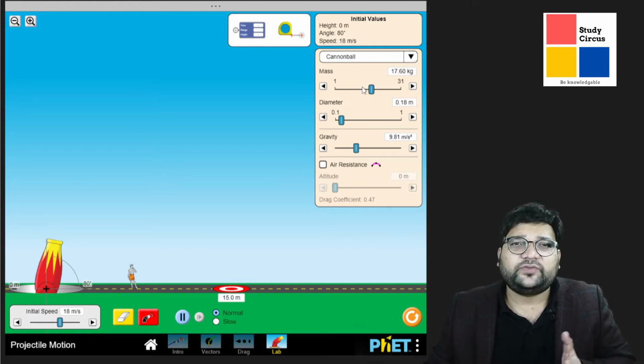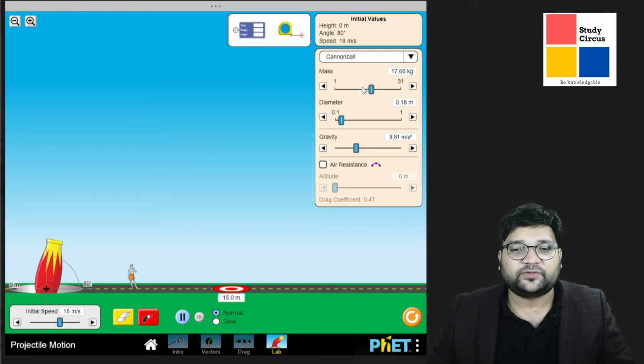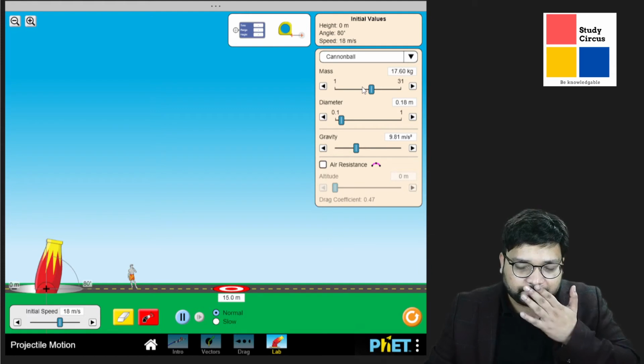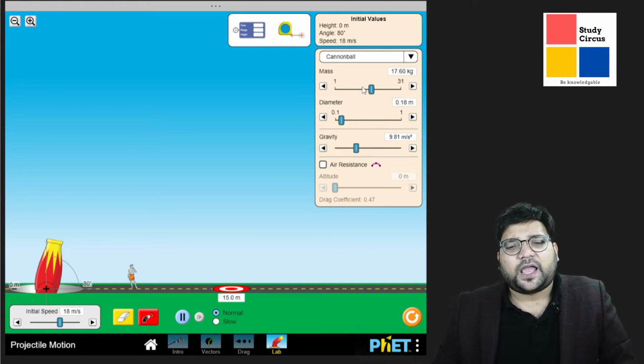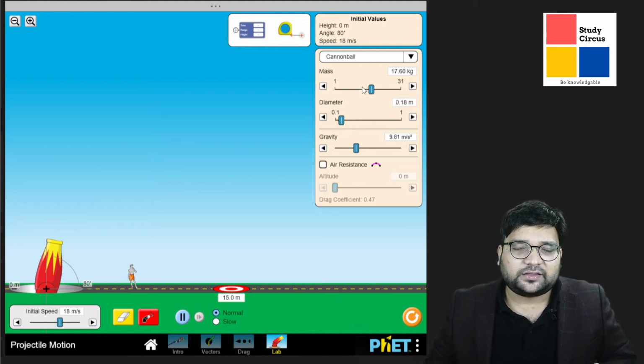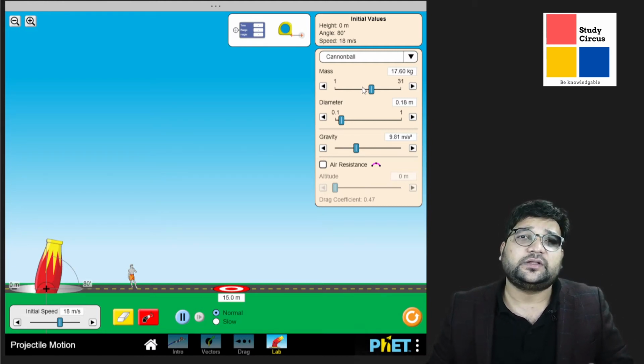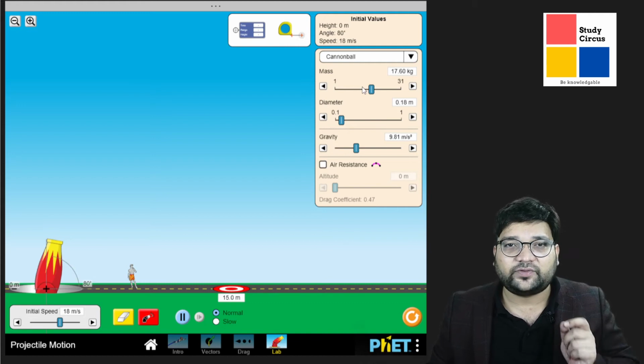But from what we know, the mass is not going to make a difference, because ultimately we are doing kinematics, and the acceleration is what will decide the velocity and everything.